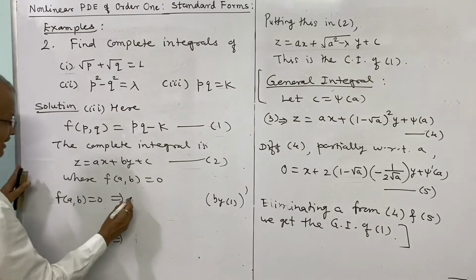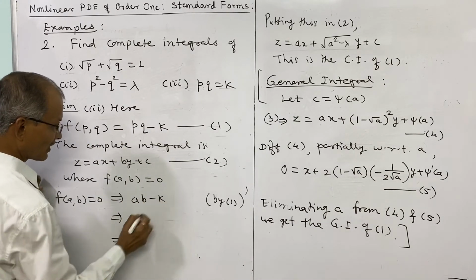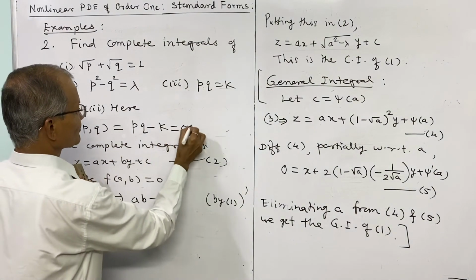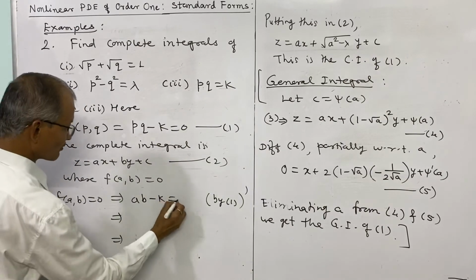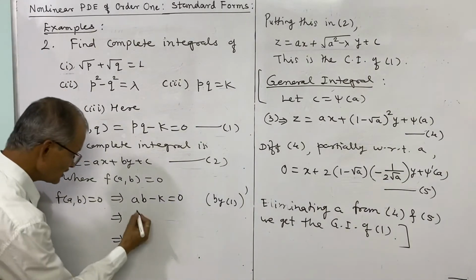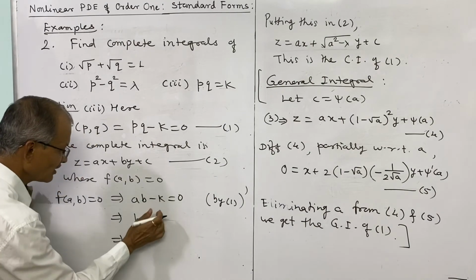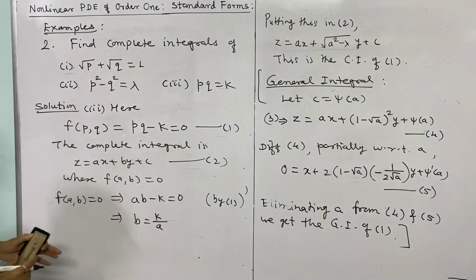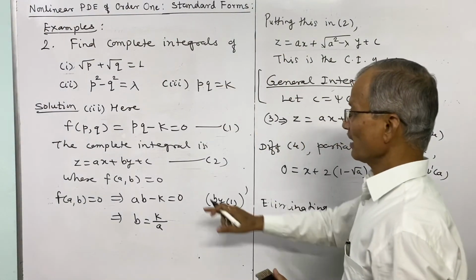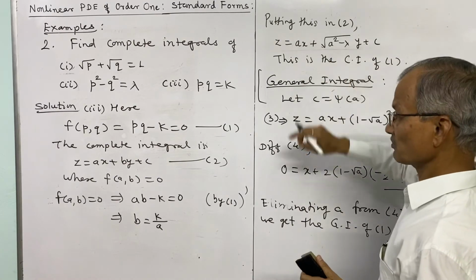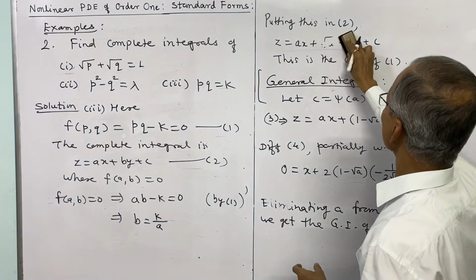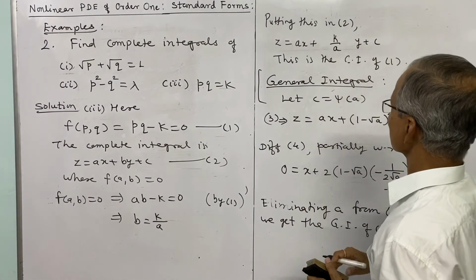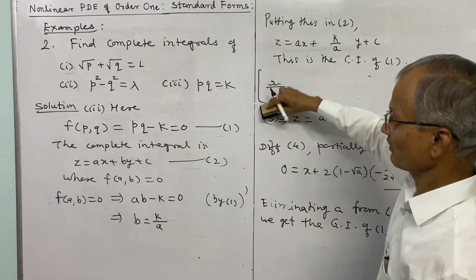That is, a into b minus k is 0, and thus b is k divided by a. Put this in 2, what we shall get? z is a into x plus b into y plus c, b is k upon a, so z is a into x plus k upon a into y plus c. So this is the complete integral of 1.